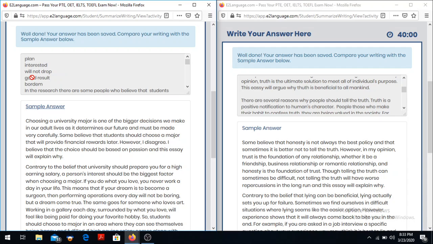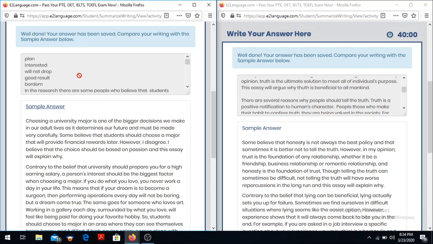Then here I wrote another point, "will not drop". That means if there is some subject I choose for my career but I don't like, it might happen that in the middle of the course I drop from the class. That subject will demotivate me, so it will sometimes be difficult. That's why I will drop. If I'm interested, I will not drop, I can continue.